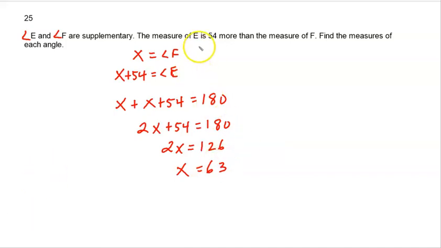So we know angle F is 63 degrees. And so to find the measurement of angle E, we just do 63 plus 54. And that's 117.